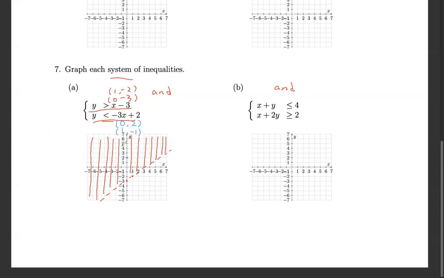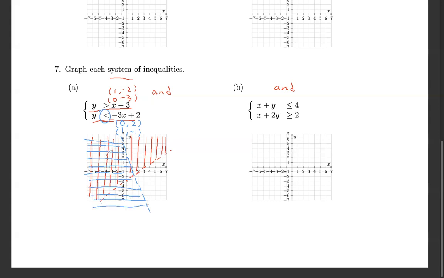No equal sign, so graph a dotted line. This is y less than, so we graph below the line. All those points are in the solution set.